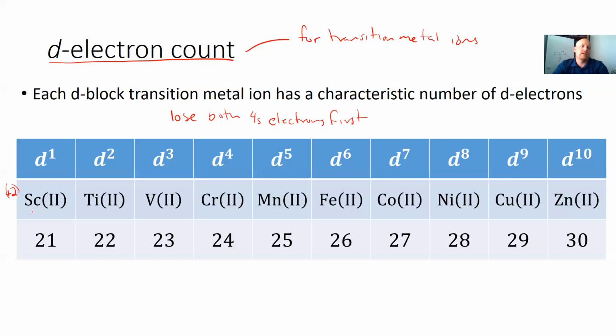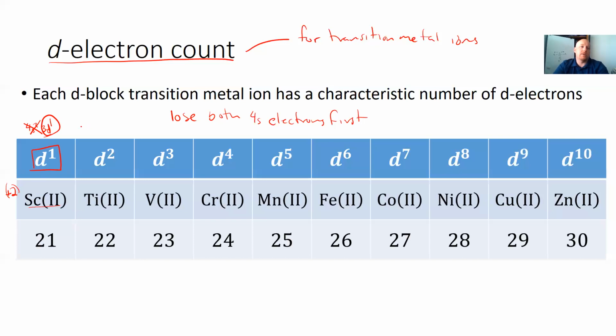If you look at scandium, just scandium itself would be 4s2 3d1, and then if it loses those electrons, you have 1 d electron remaining, and we call that d1, okay?